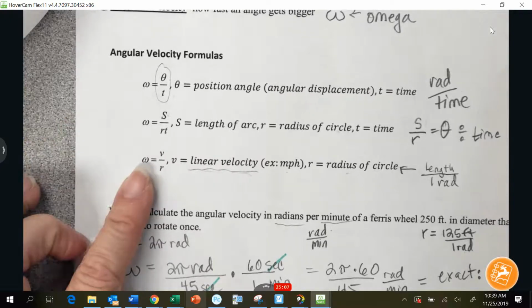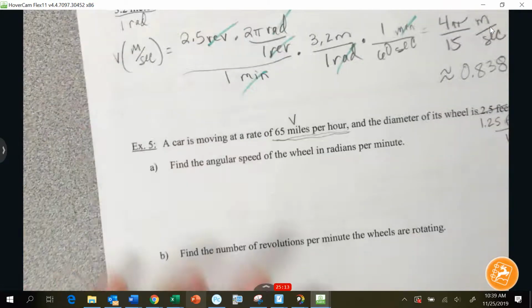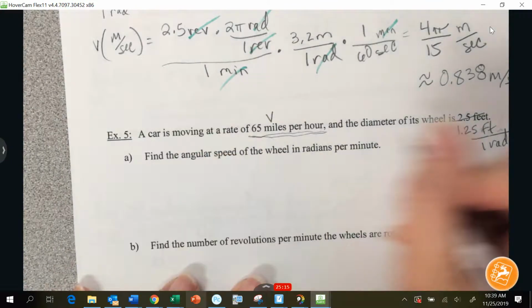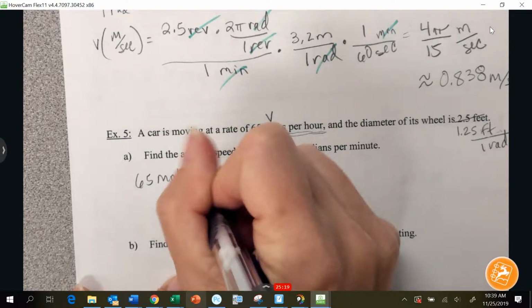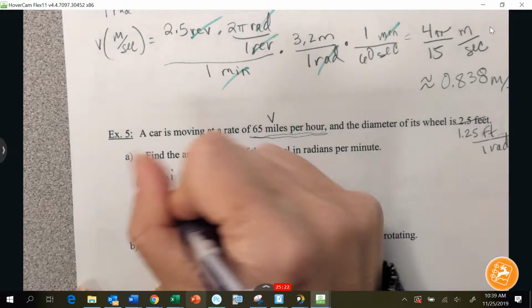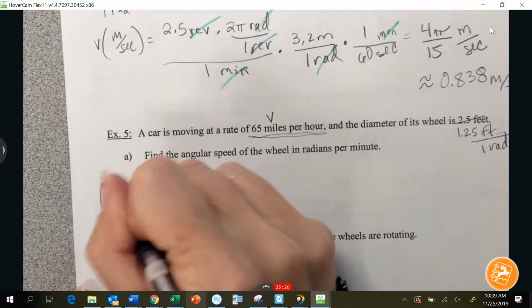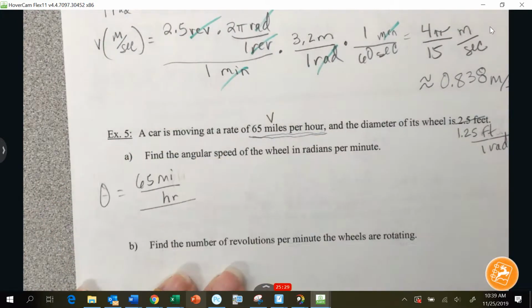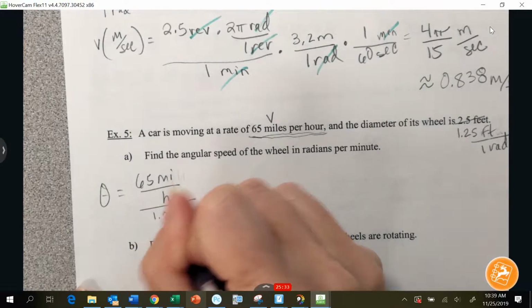You see the third one is take the linear velocity and just divide out the radius. So we take our linear velocity, which is 65 miles per hour, and we're going to divide that by 1.25 feet per 1 radius.